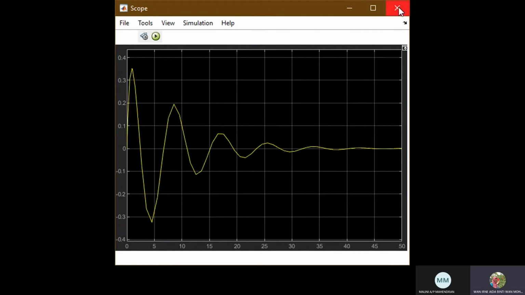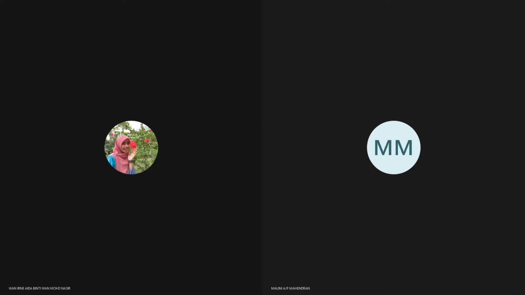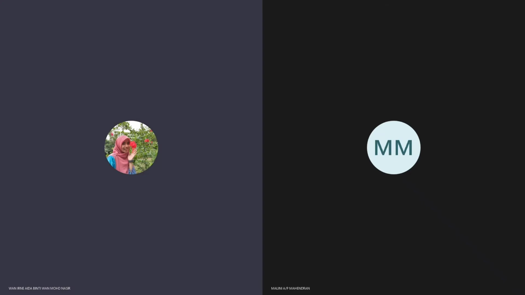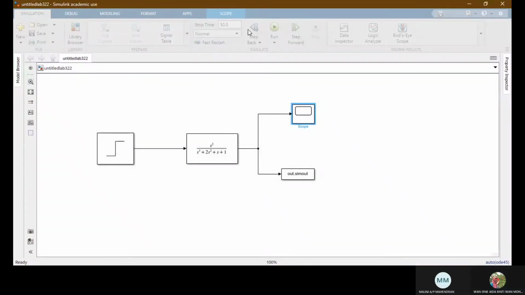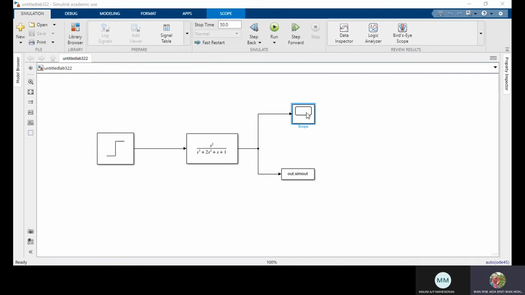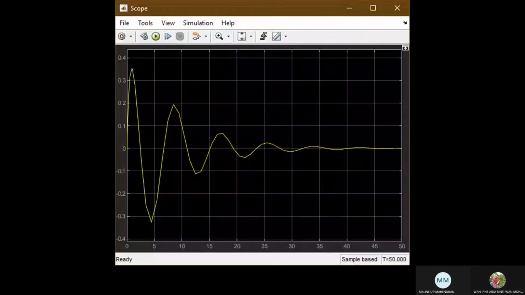Next, for the part B Simulink model, same as we run here, the figure is obtained, and that's all for the experiment simulation.